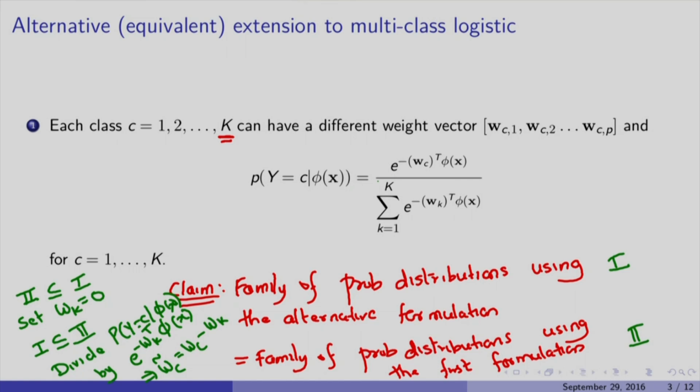One can verify that dividing the numerator and the denominator by e raised to minus wk transpose phi x will just mean that you are going to subtract wk from wc in both numerator and denominator. In the denominator, of course, you will have the wk term corresponding to the kth class cancelling out. To be more specific, we should capitalize this K, the specific K corresponding to the last class.